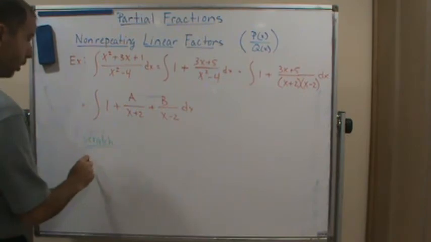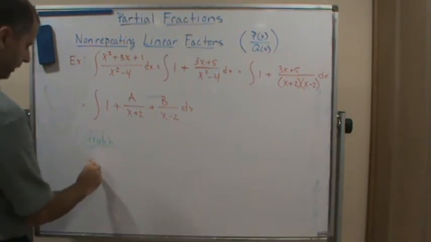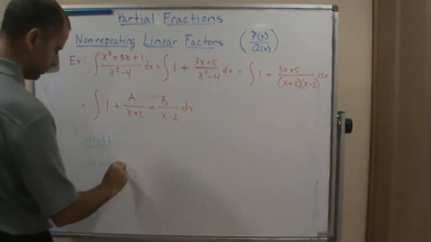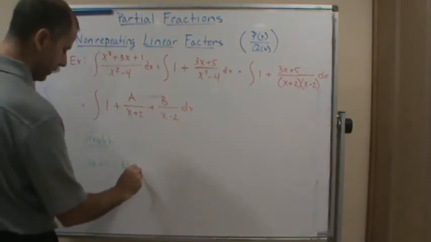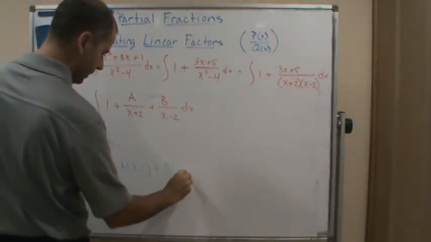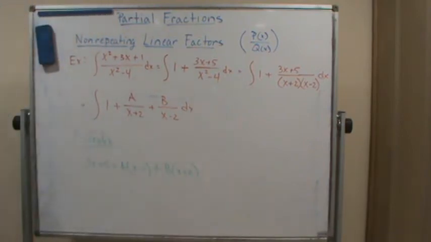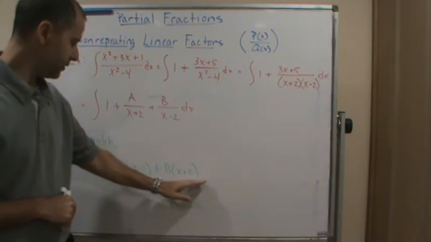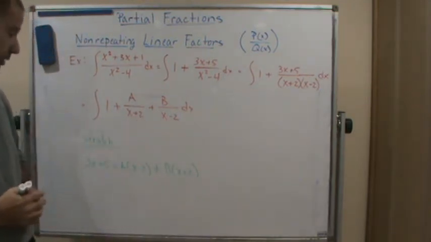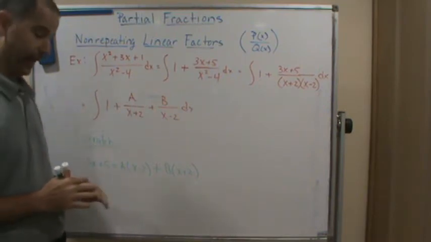So that means we know that 3x plus 5 has to equal a times x minus 2 plus b times x plus 2. Okay? That's our equation. And so now, this is where we can use strategic substitution. As long as you make sure that these are set up correctly, you should be able to use strategic substitution to find a and b.